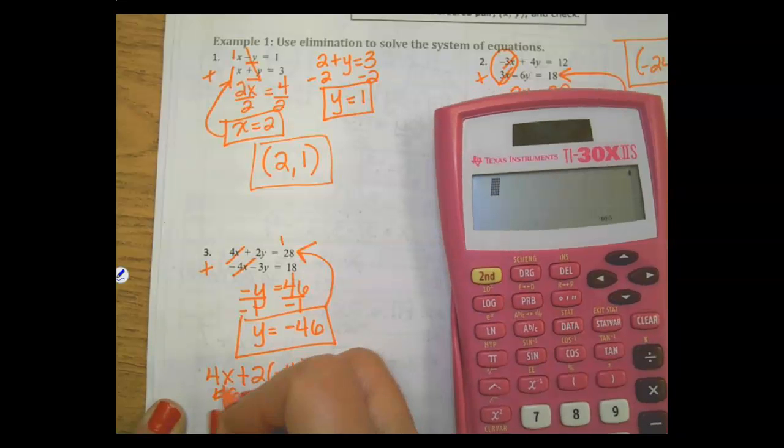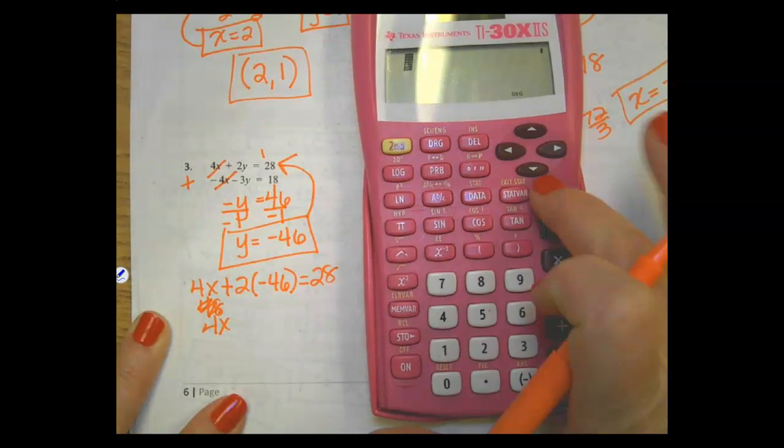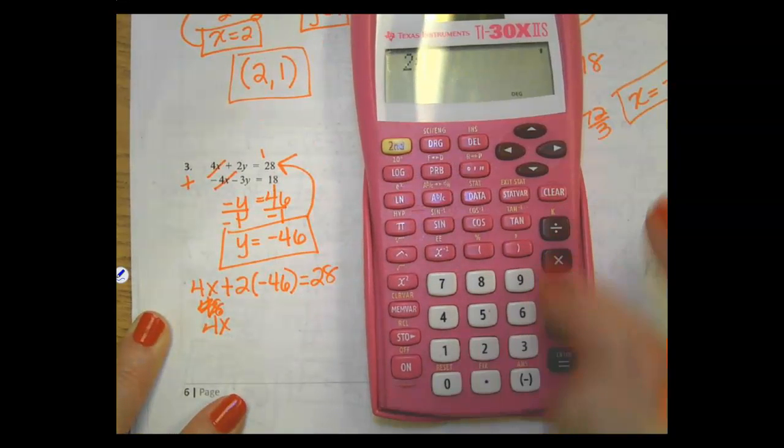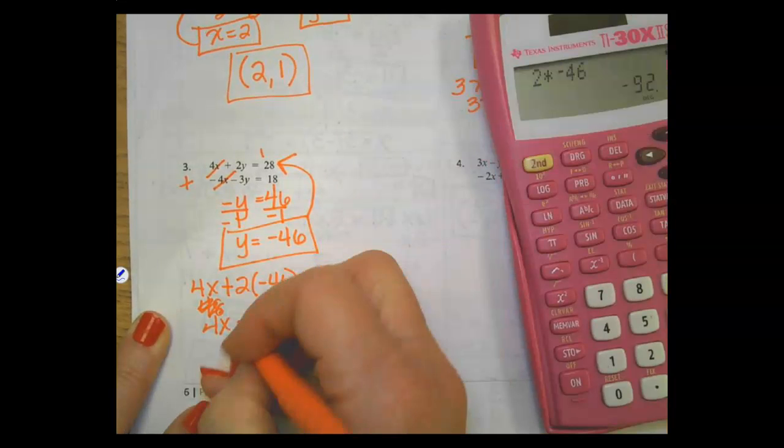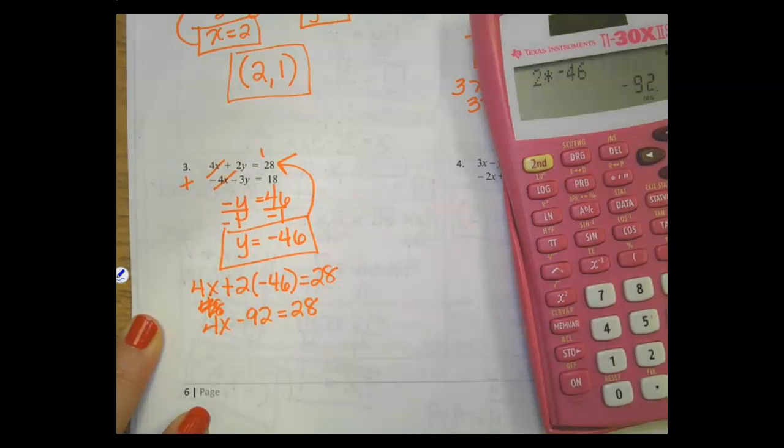Okay, so let's get rid of it. So 4x, and then I'm going to multiply that. Calculator: 2 times a negative 46 is negative 92, which is equal to 28.